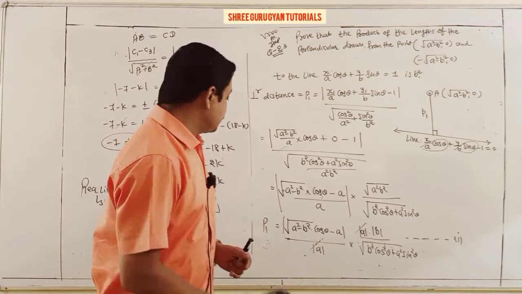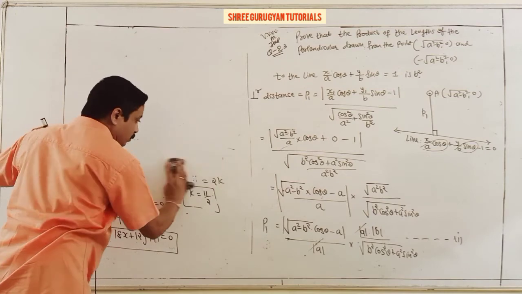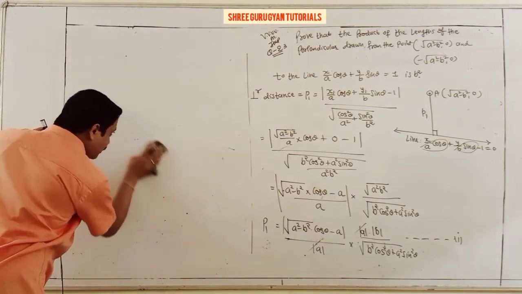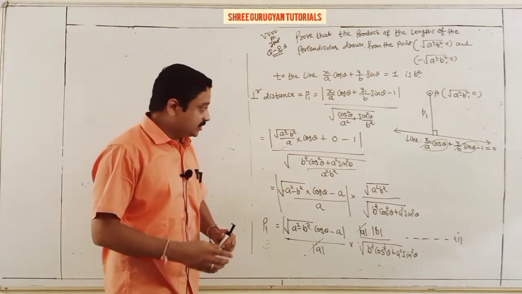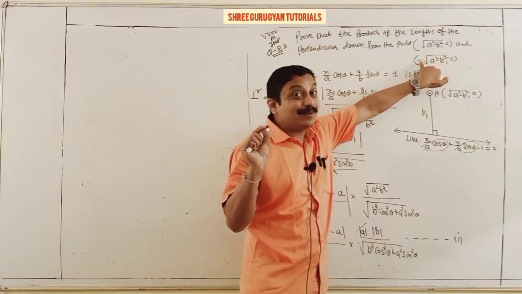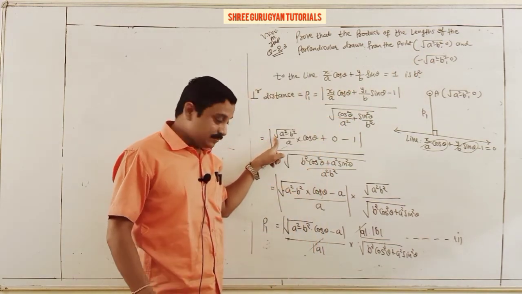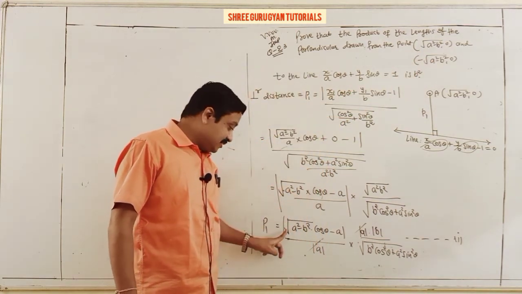So now continue students, now I go to P2. But you will check your P2 is same as P1. This is your P1 for the point under root a square minus b square, 0. P2 is only minus that. So here you take minus only, that minus, this minus.